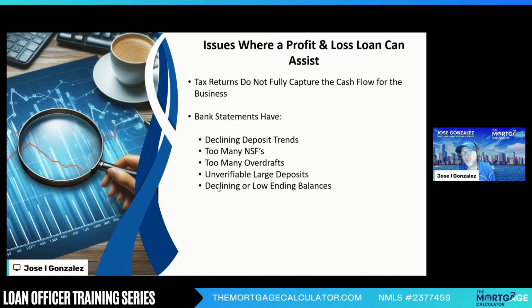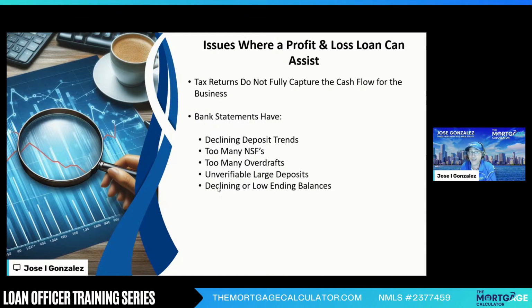By the way, this is usually the reason why you would only look back 12 months on a bank statement loan versus 24 months, even though 24 months will give you usually a little bit lower cost to the interest rate, but when you have that 24-month look back period instead of 12, you're exposing yourself to some of these issues like the declining trends, right? If in the previous 12 months the deposits were higher than in the current 12 months, you have an issue.